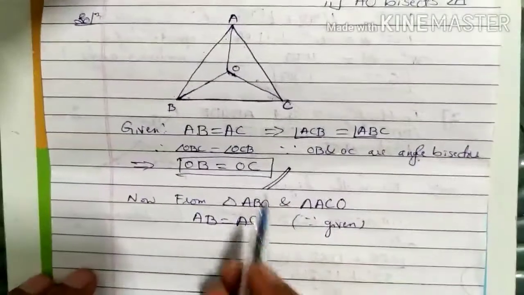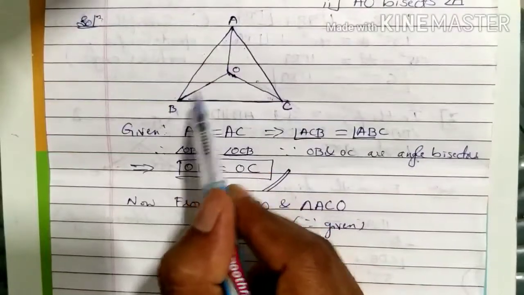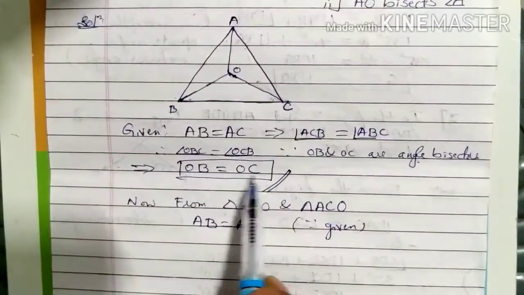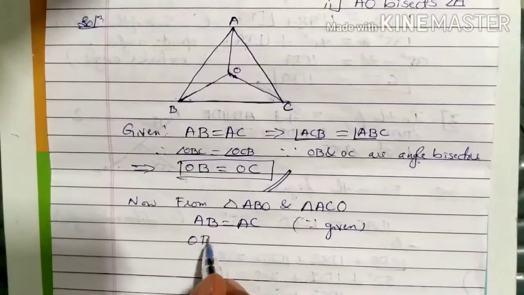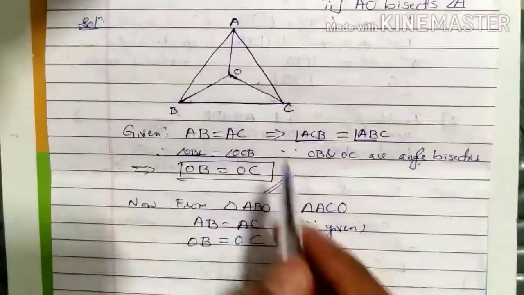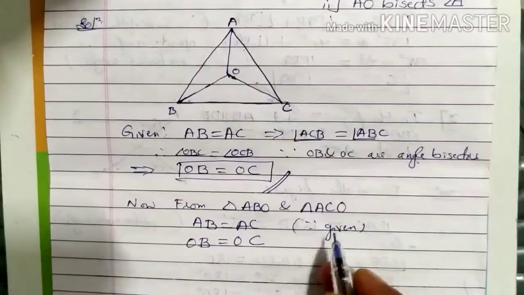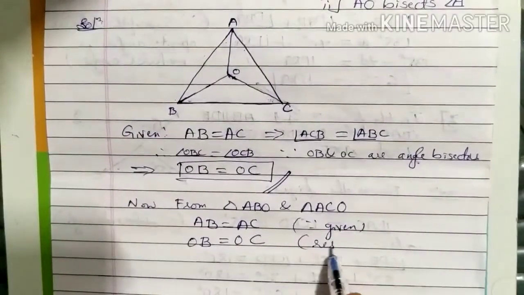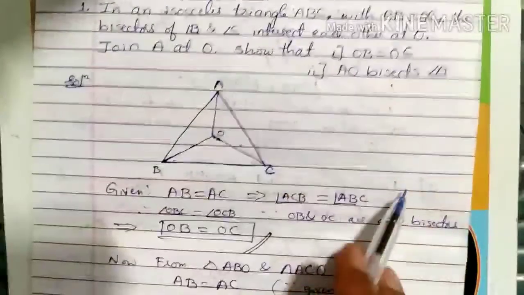Next, we can see that OB is equal to OC, which we have proved. OB belongs to the first triangle, OC belongs to the second triangle. So this is result 1.